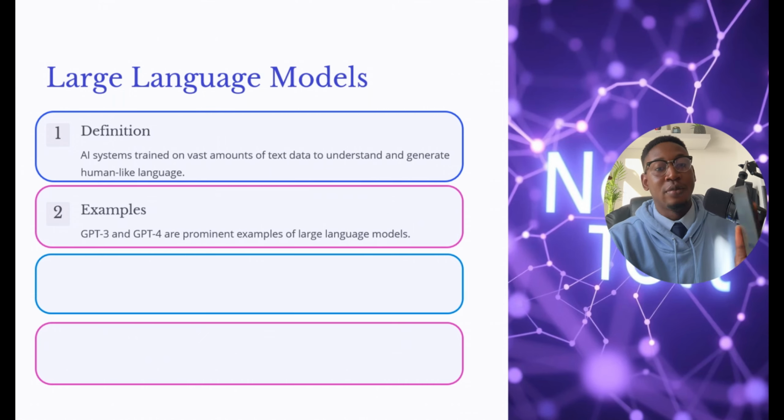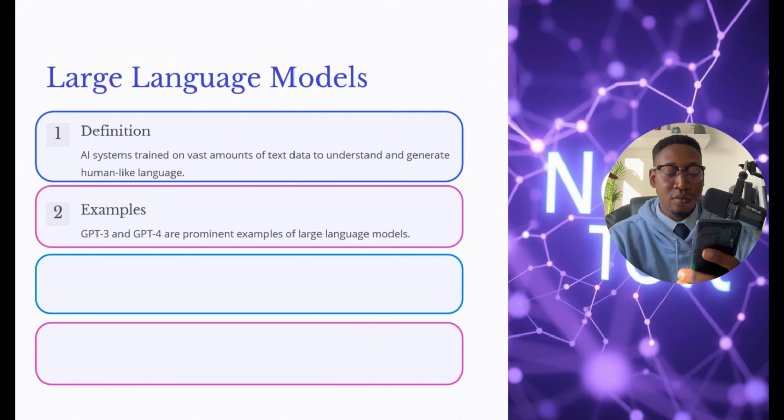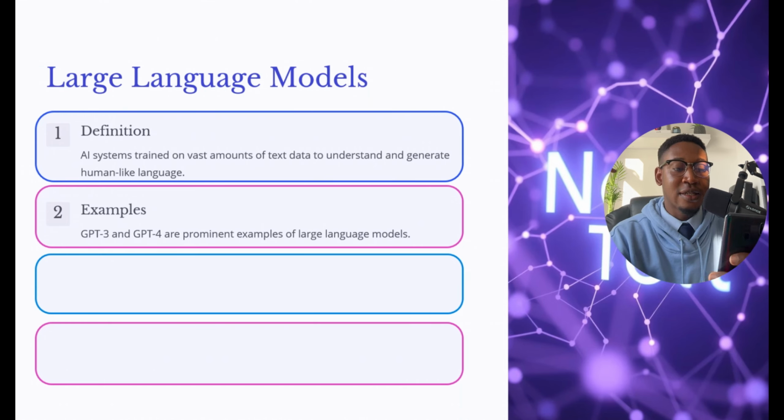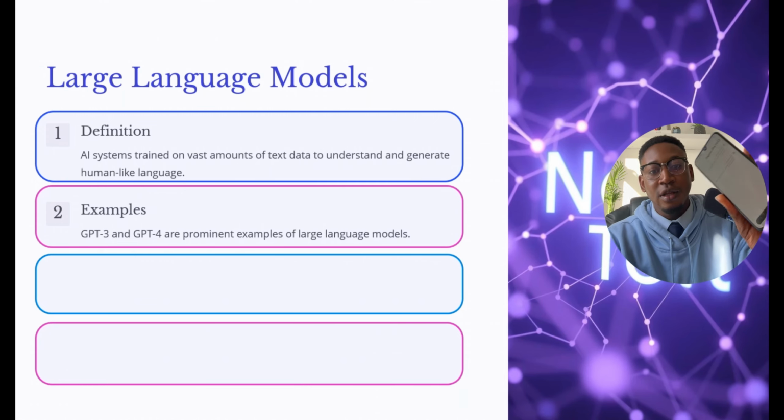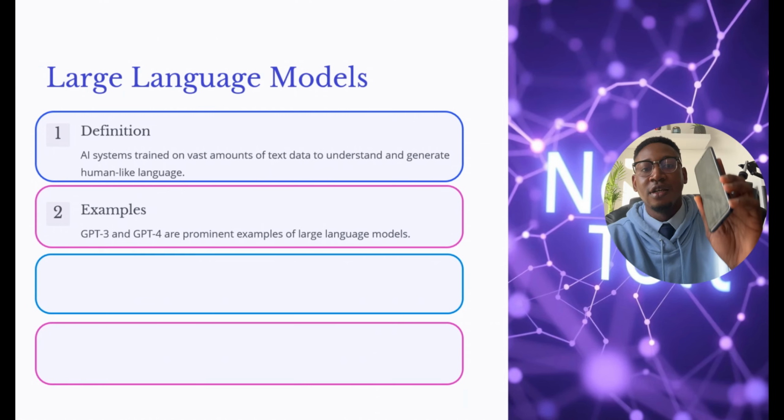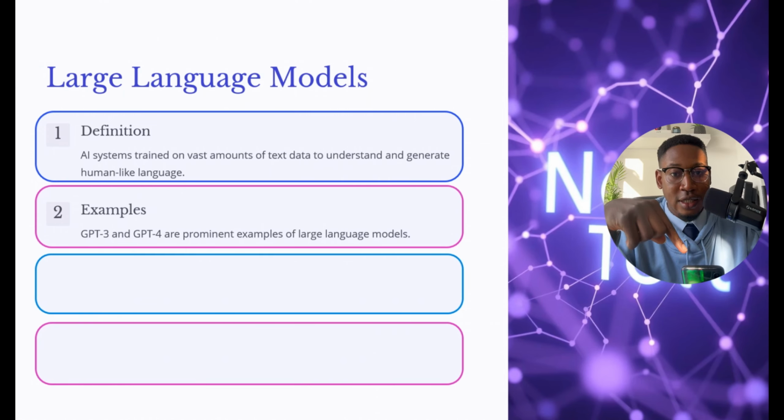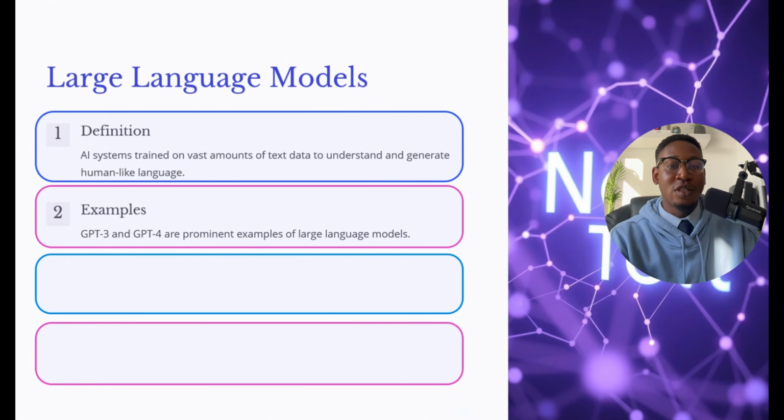I just want to show you my ChatGPT now. I don't know why it's messing up, but it's the data set used to train my ChatGPT here. The data set used to train it is large language models.